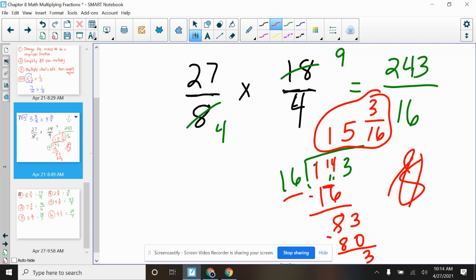So if you feel like you want to practice or maybe study a little bit, I'm not making you do this page, but if you wanted to use it to get a little more prepared, you could use pages 141 and 142 of your workbook.